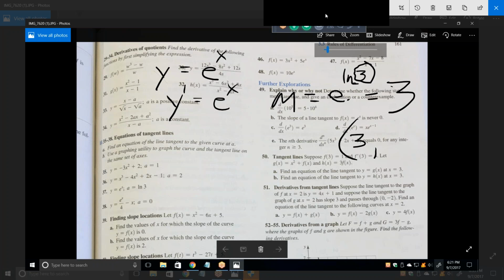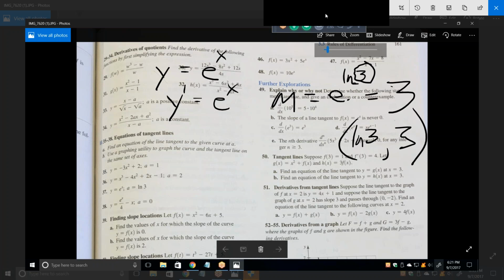Sorry, I got confused for a second. Our x point is natural log of 3. What's our y point? 3. Yeah, that's right.